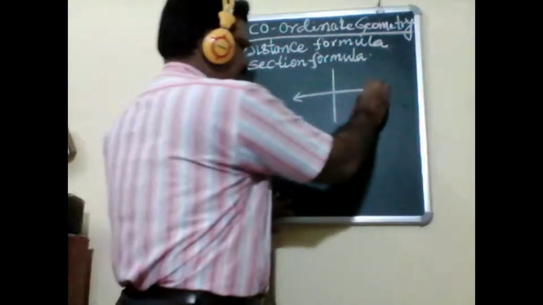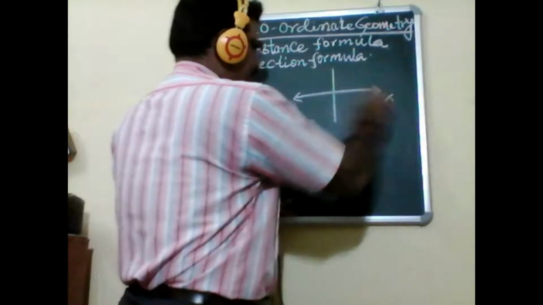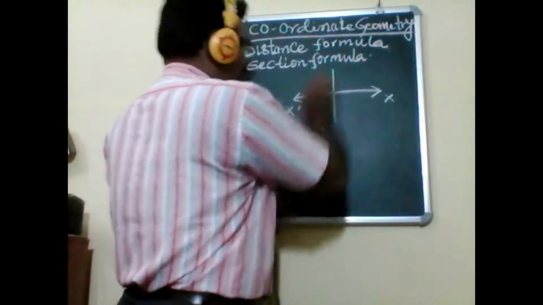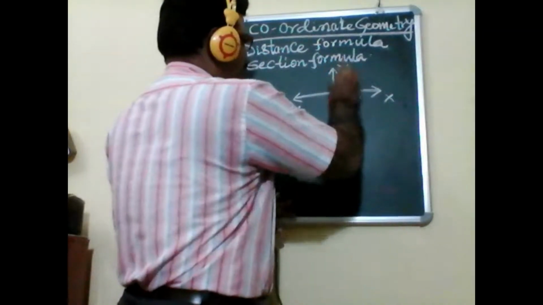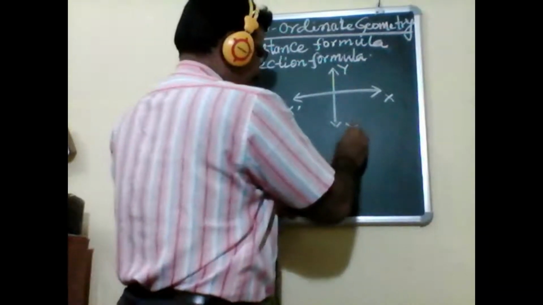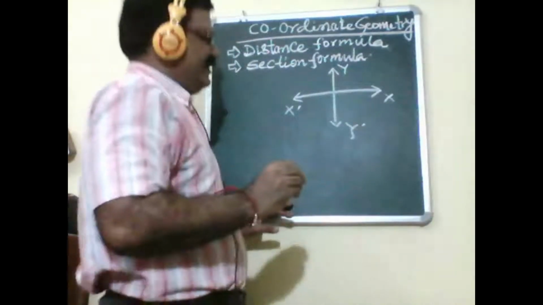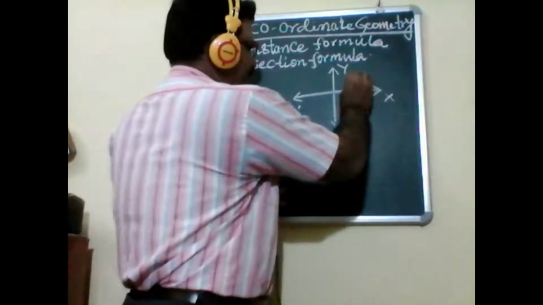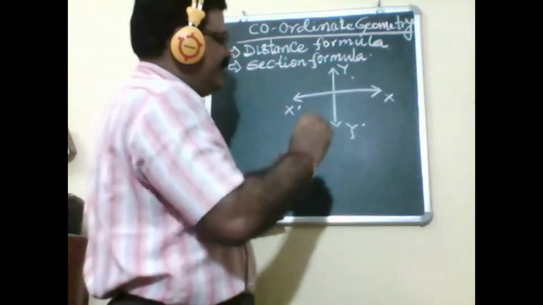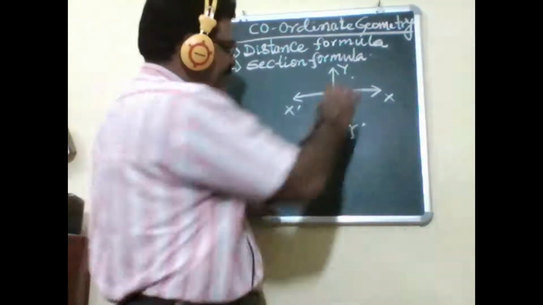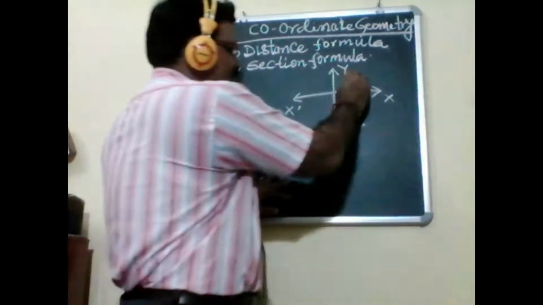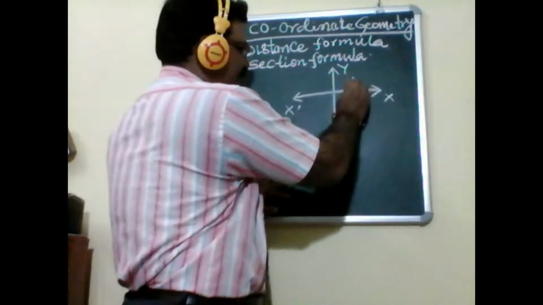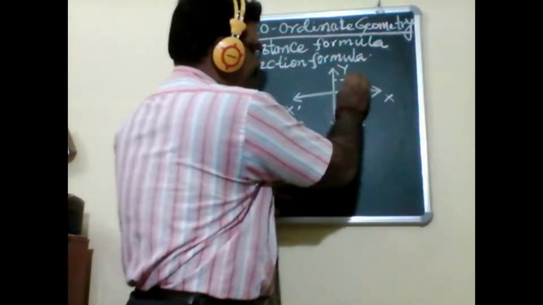Suppose this is x and y. In a plane, if we choose any point, we can find its coordinates. We should draw perpendicular lines on the x and y axes.